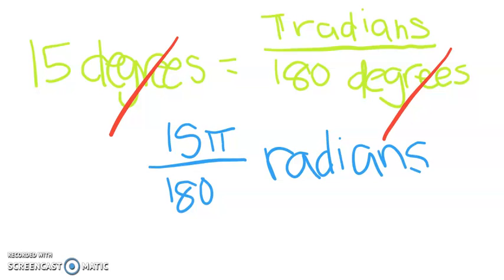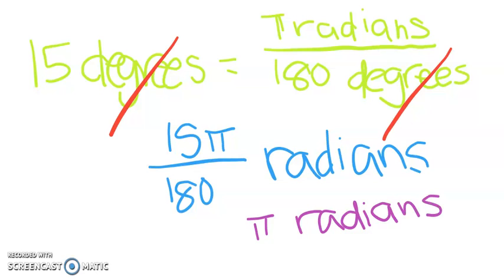And we can simplify that to pi over 12 radians, because if we divide this by 15, that'll just get us pi over 12 radians. Now, let's try another example.